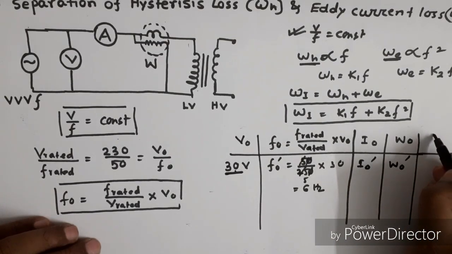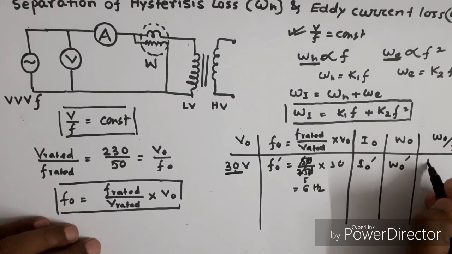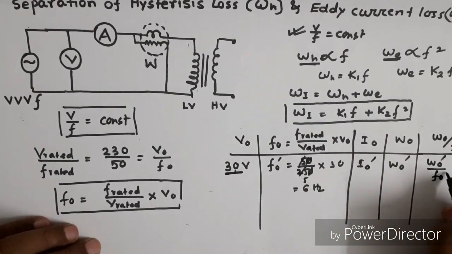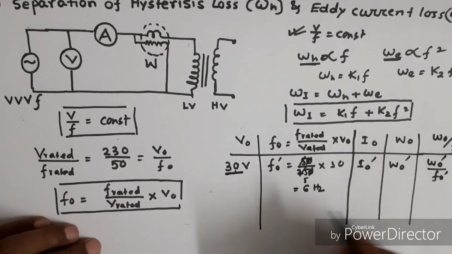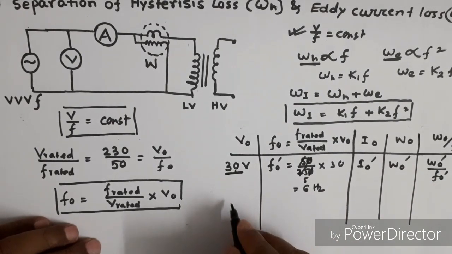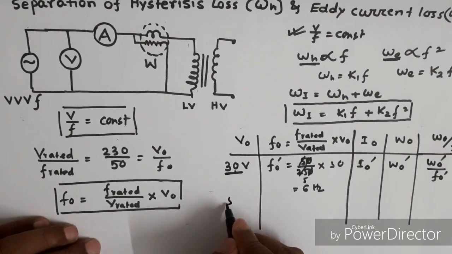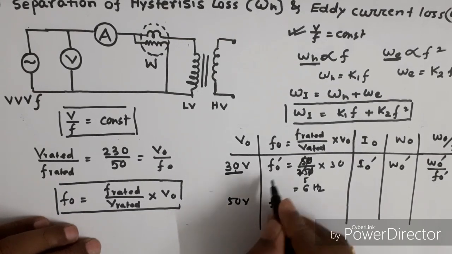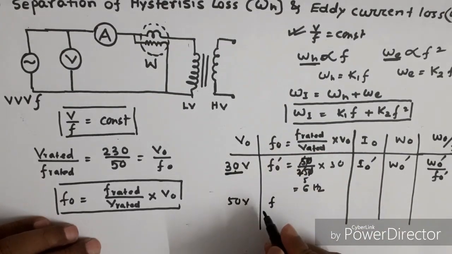Then I do W0 by F, that means W0 dash by F0 dash. Similarly, next, suppose I apply 50 volt. The corresponding frequency is calculated from this relation, that will be F0 double dash.